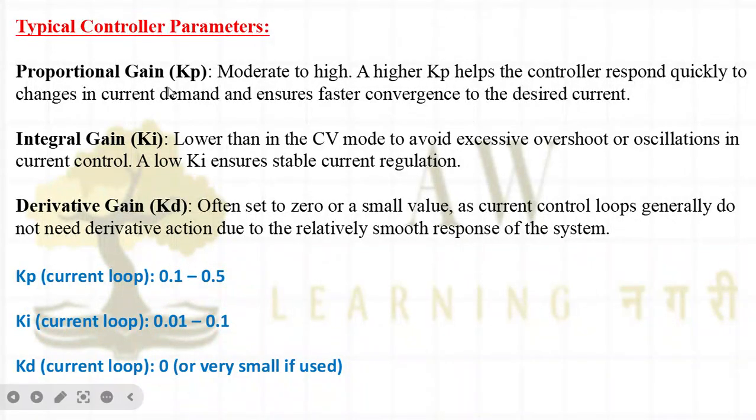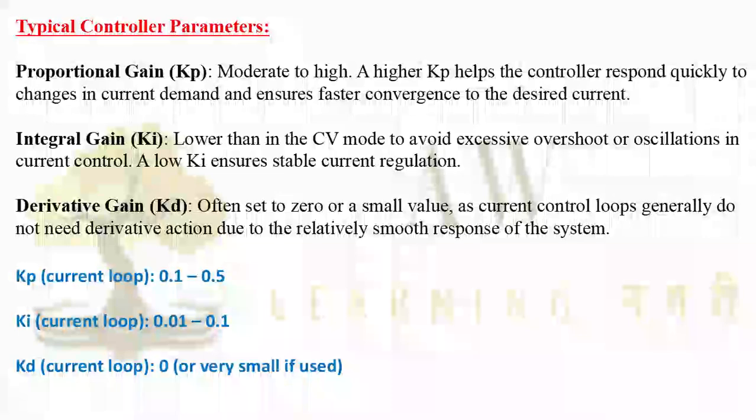I will make one video where I will tell you the impact of KP, Ki and KD. What is the impact of KD? Why do we generally make KD 0? If we have a KD in our controller, what effect can it have?